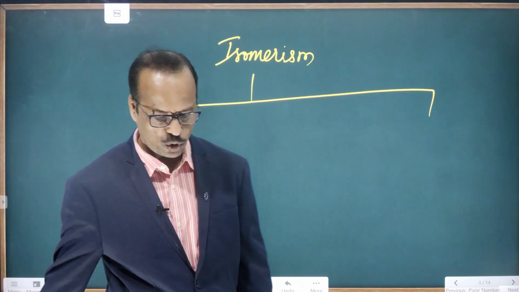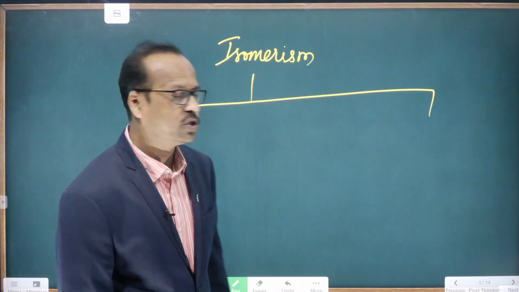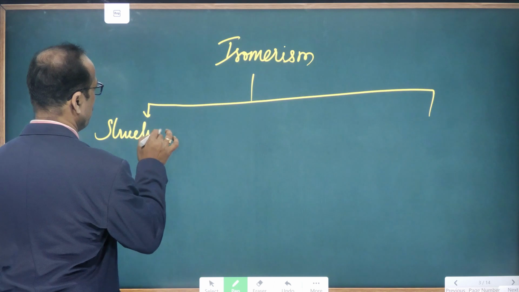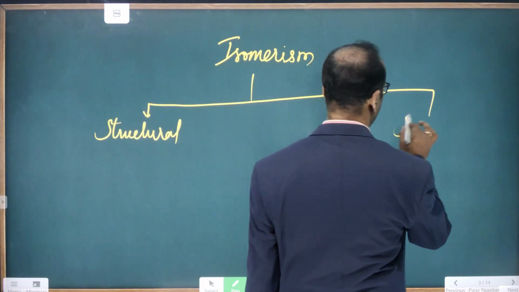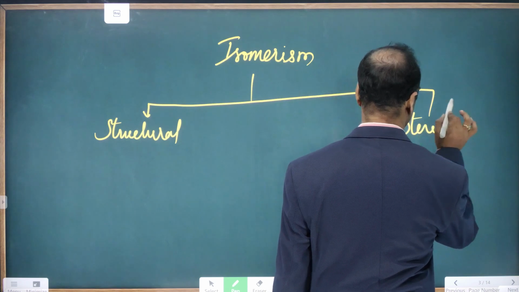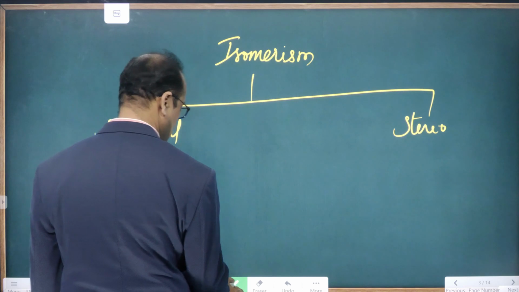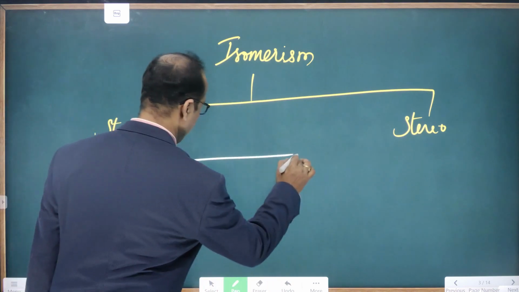How many types? Two types. One is called structural isomerism and the second one is called stereo isomerism. Under structural isomerism, there are again so many types.